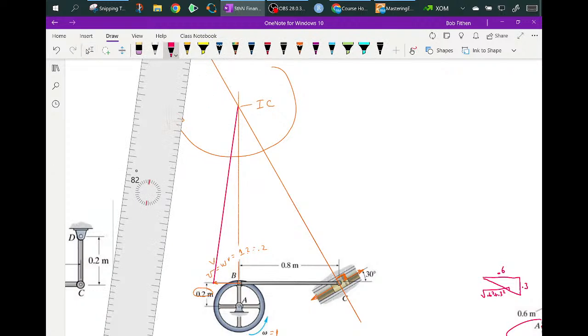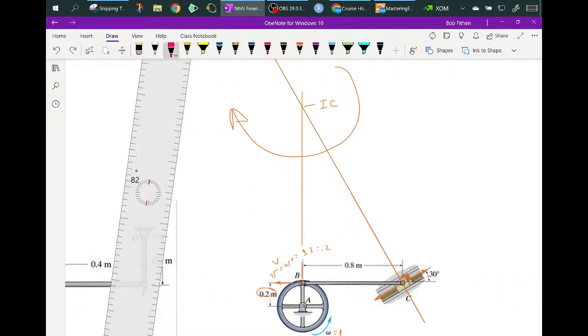And although these points are not on the body, if there was an object there, these would be the velocities. Now, the thing is you need to know the distance here from here to here. I would call it distance B instant center.